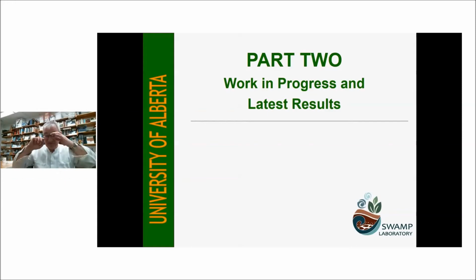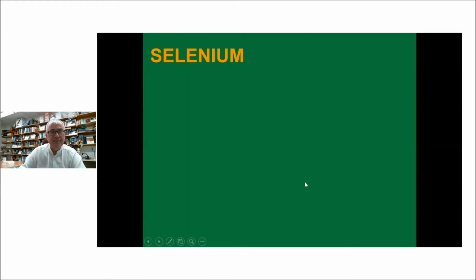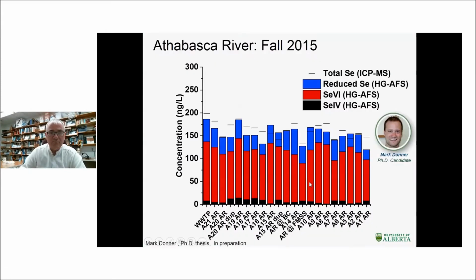So I'm back. I want to show you the second part of my presentation, and this is work in progress and some of our latest results. First, selenium, an ecologically important trace element. Again, work from Mark Donner.